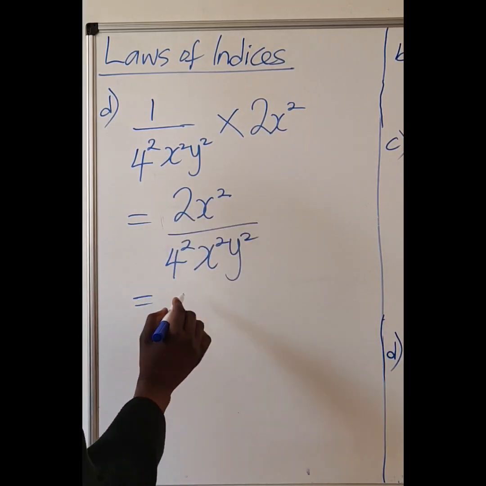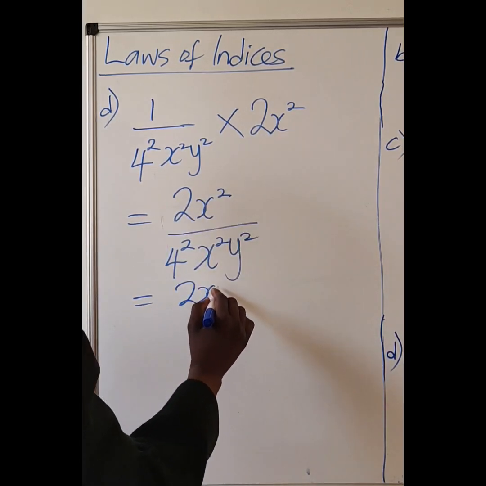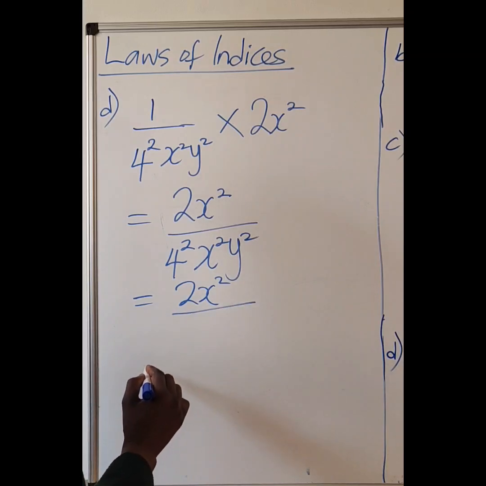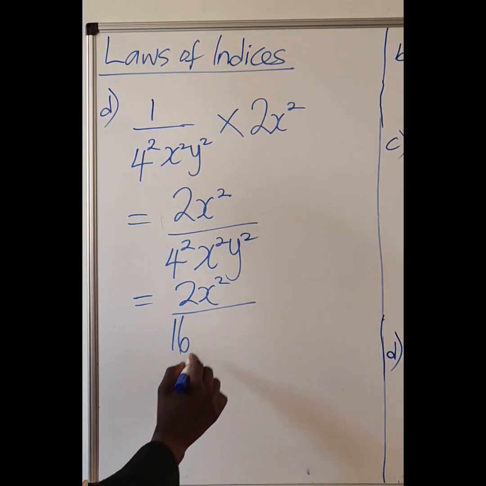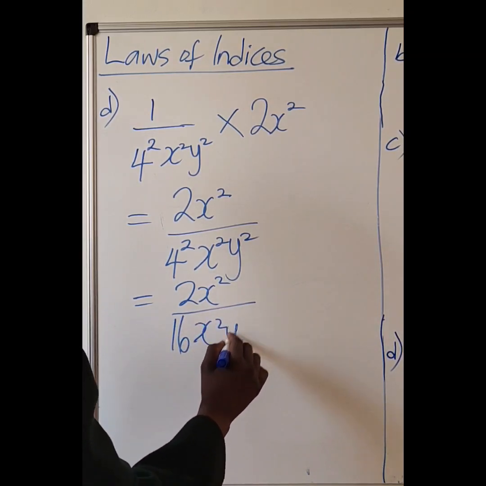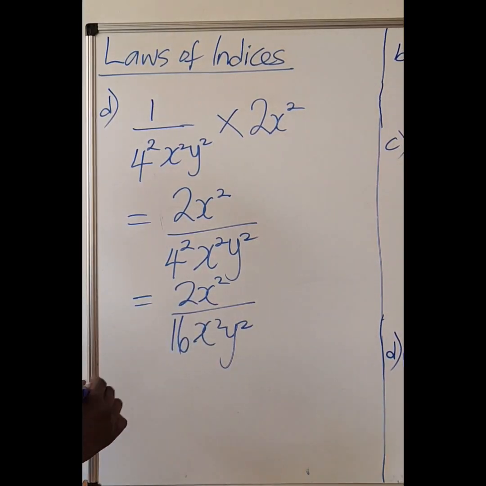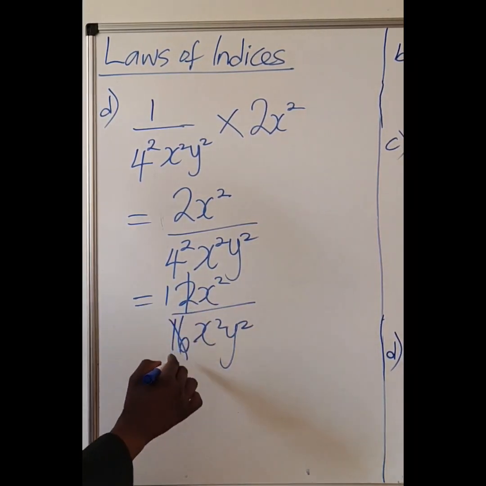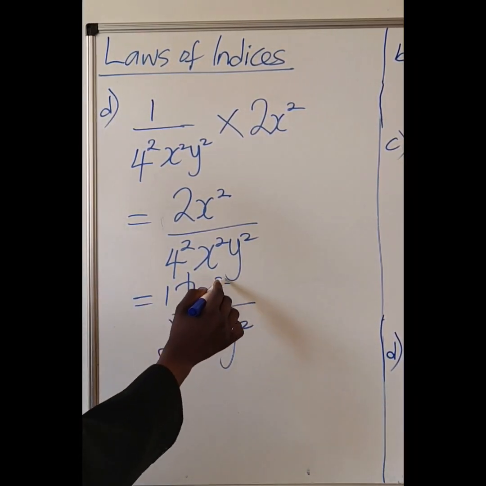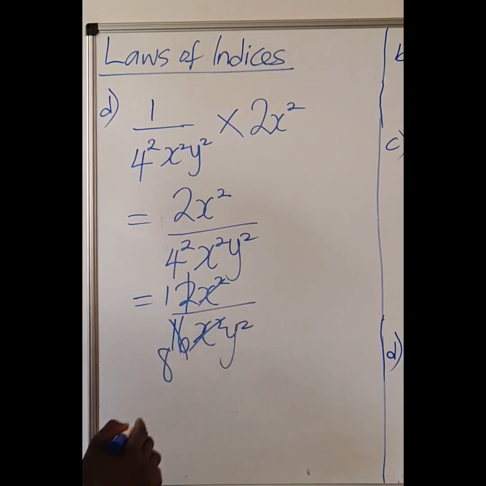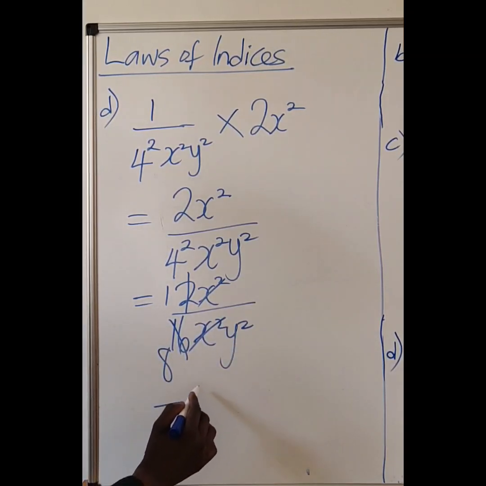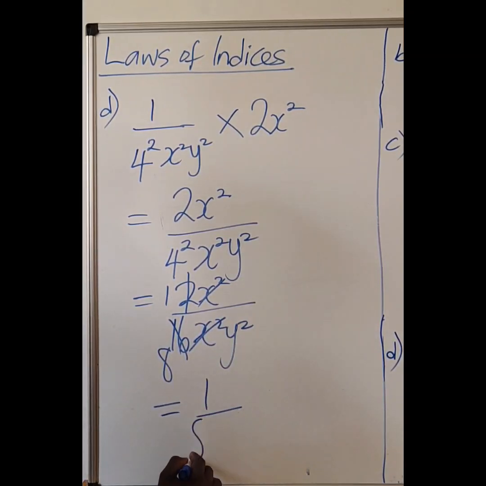So 4 raised to power 2 is 16, that's 4 by 4. So we can now divide: 2 here, 1; 2 in 16, 8. S raised to power 2 cancels s raised to power 2, so we are left with 1 divided by 8y raised to power 2.